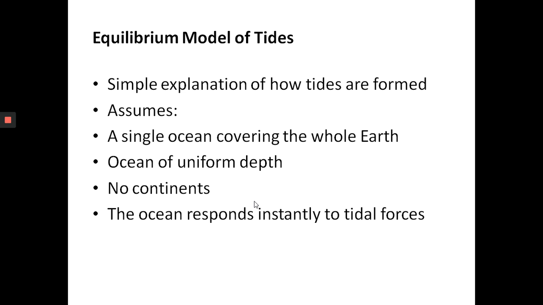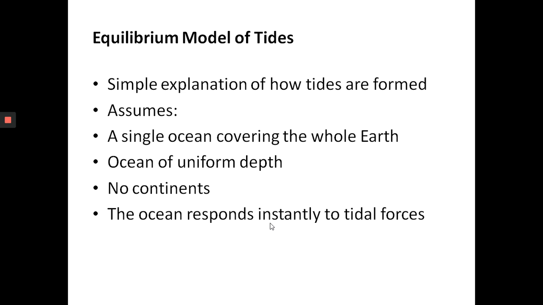We have a single ocean covering the whole earth, and this ocean is of uniform depth around the globe. That means the seafloor is smooth. Okay? There are no continents, and the oceans respond instantly to tidal forces, meaning that the water just moves instantly.